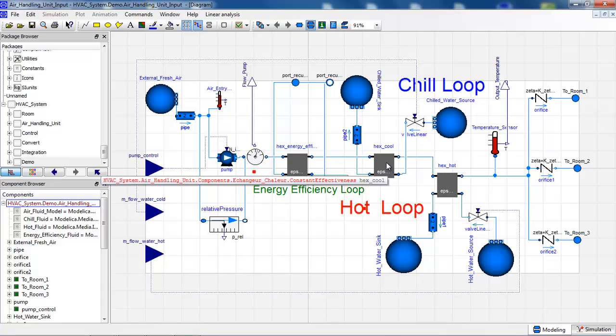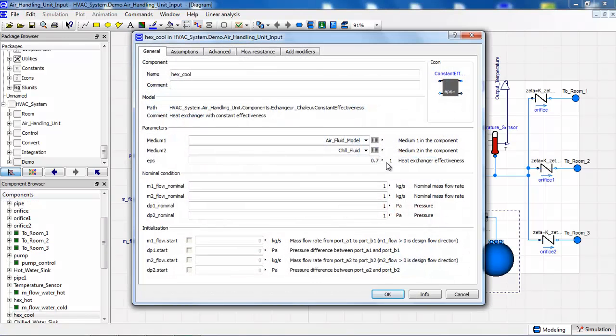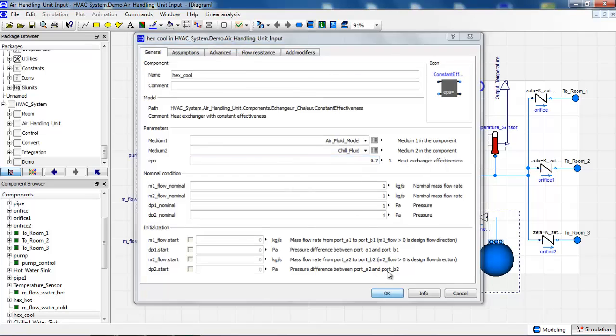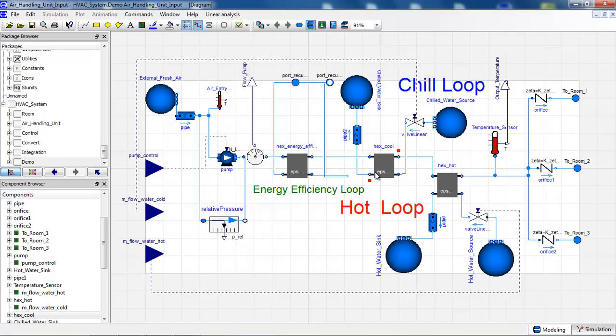The different heat exchangers are parameterized that way. I will choose one medium for the air, one medium for the chill fluid, which will be water for us, and I will choose a heat exchanger effectiveness of 70%. Same for the other.